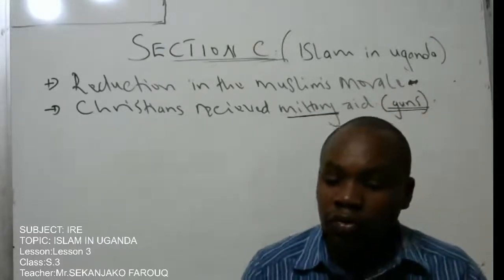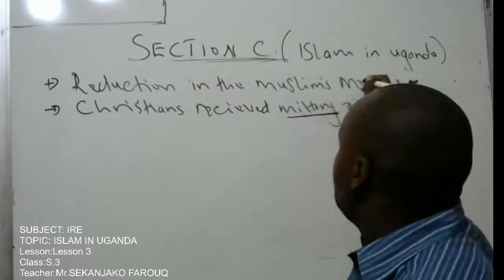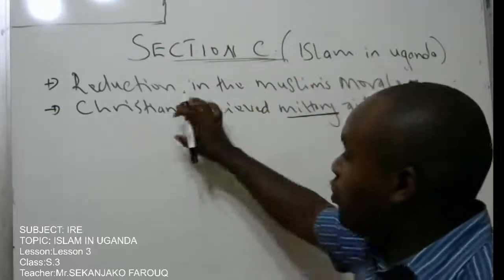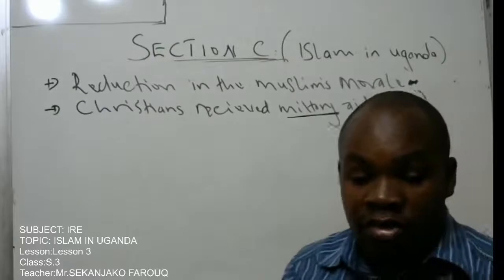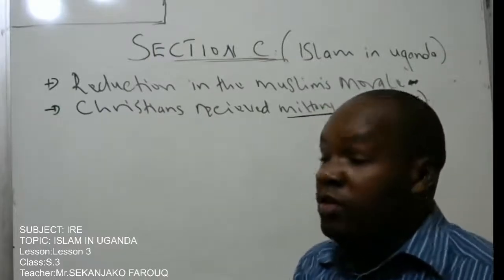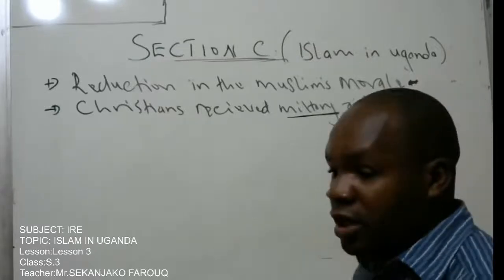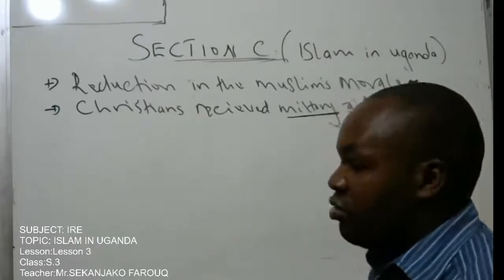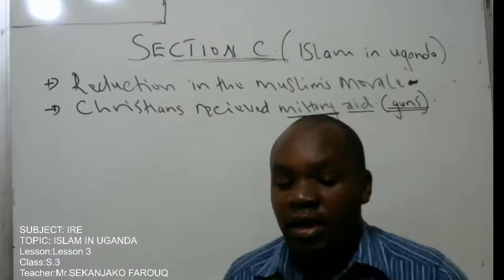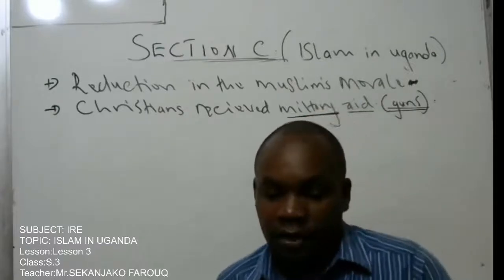So reason number 1 was the reduction in the morale of fighting, and number 2 was the Muslims were not receiving reinforcement aid, military aid in terms of guns, which the Christians were receiving. At the end of that day, the Muslims ended up being defeated.